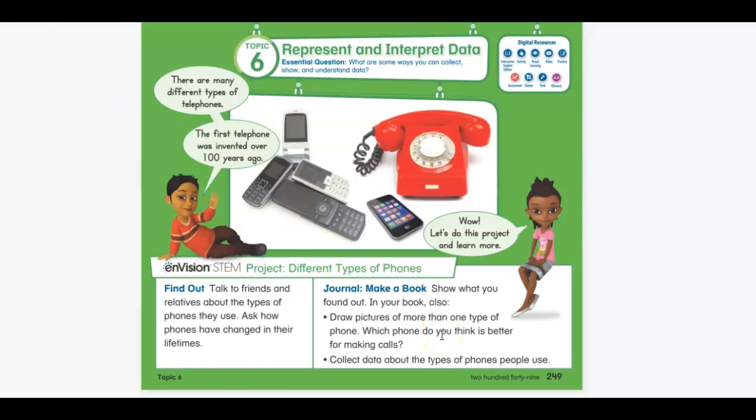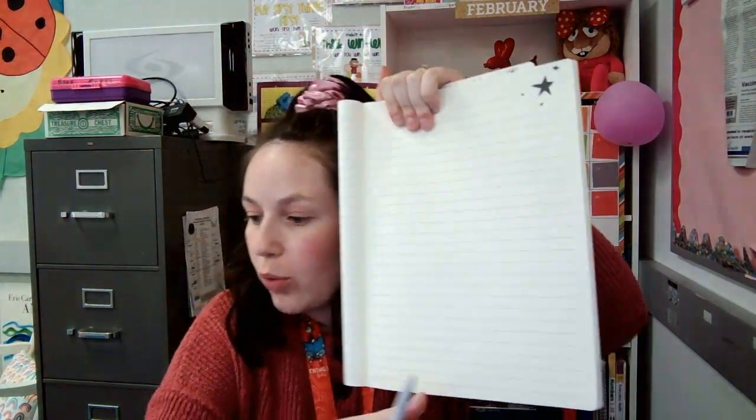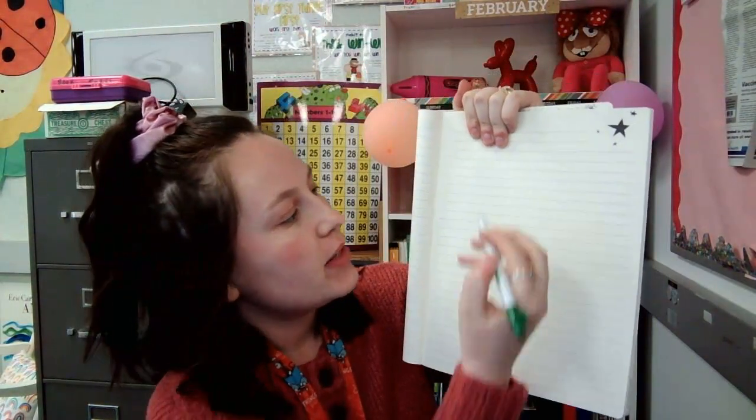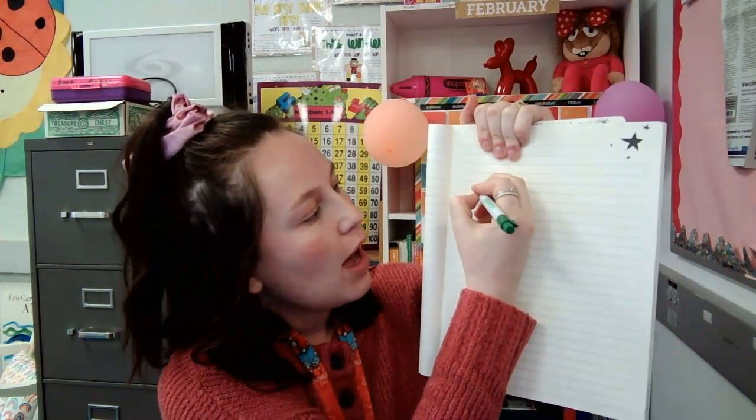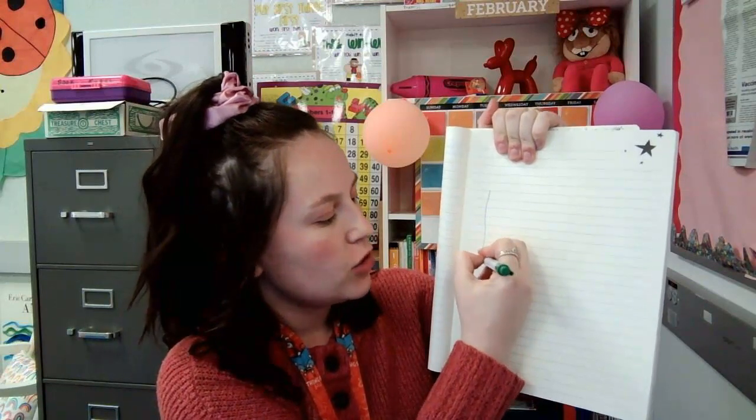Once you complete drawing your pictures, then I want you to collect data about the types of phones that people use. I will show an example of how to do this. I'm going to be using my notebook. To collect my data about the types of phones people use, I think I am going to use a tally chart.